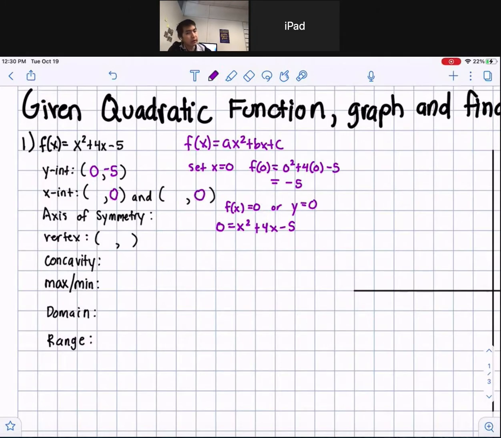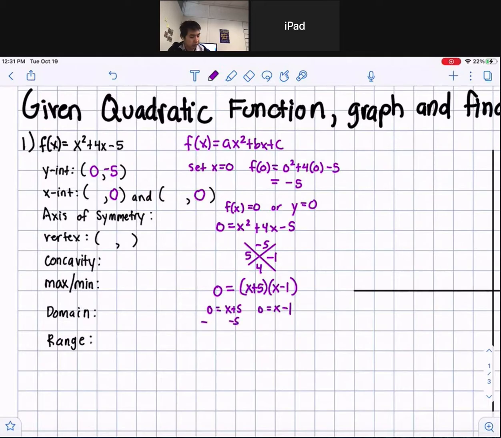The only way to solve for x here is to factor this using your x method. 5 and -1. So 0 equals x plus 5 times x minus 1, and you solve for both by setting each factor equal to 0.